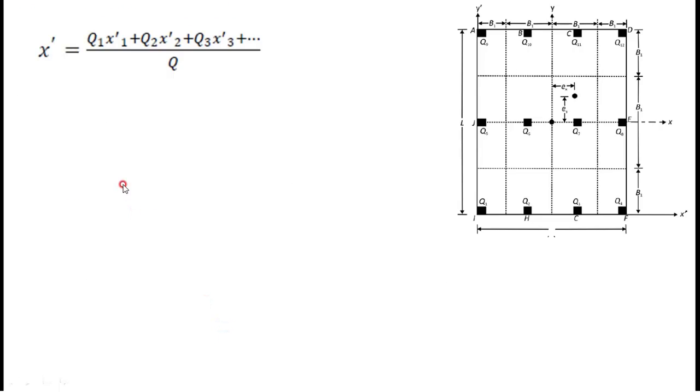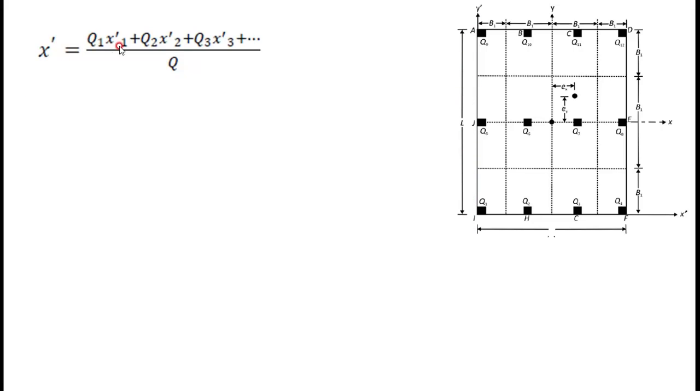In the next step you will get the CG of the load, the concentrated load, where exactly that load is acting. You can get x bar as Q1 x1 bar, Q2 x2 bar. You see here the x bar axis is here and the y bar axis is here.